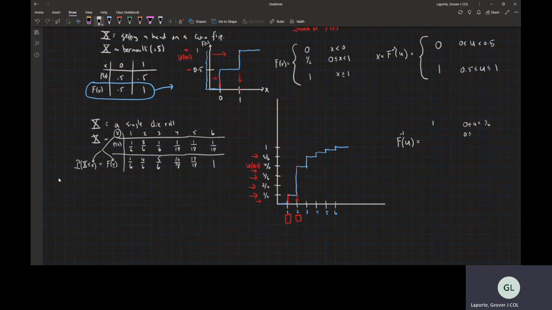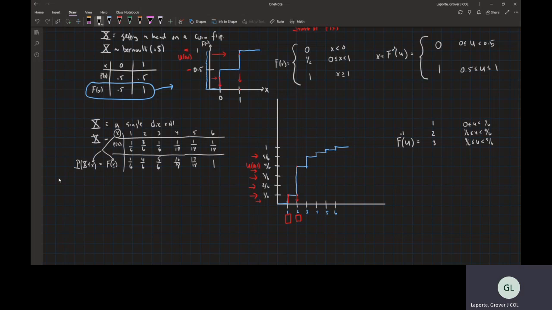If I'm between 1/6 and 2/6, is it 2/6? No, 1/6 and 4/6, then I'm going to let a 2 come out. If I'm between 4/6 and 5/6, then that's going to be a 3.